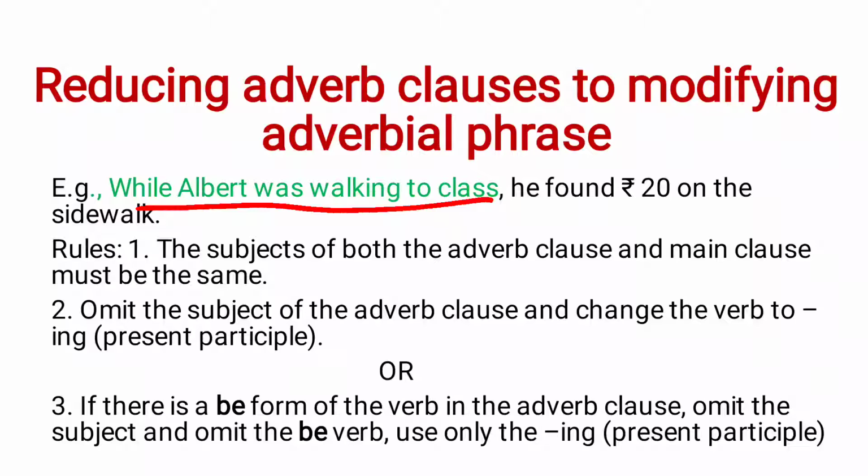It shows the relationship between Albert's walking and when he found 20 rupees. Now, is there a shorter way to express this information? Yes, you can reduce this adverb clause to a modifying adverbial phrase and still convey the same meaning. We can make it: while walking to class, Albert found 20 rupees on the sidewalk.